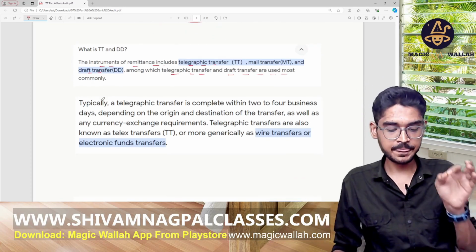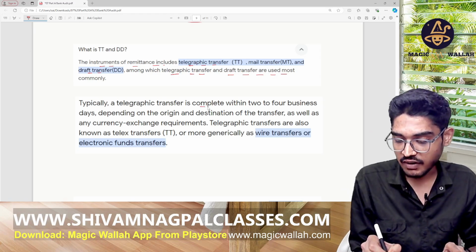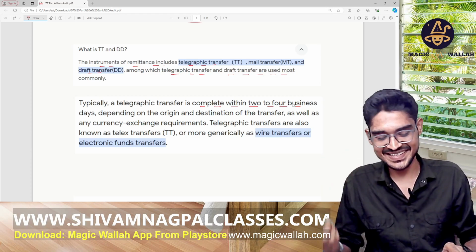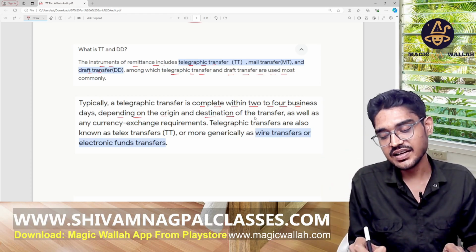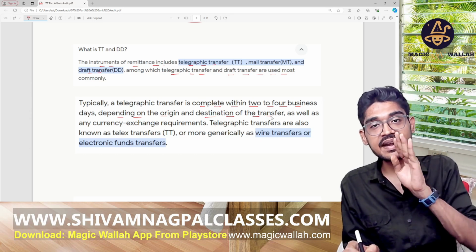Now typically a telegraphic transfer is completed within 2 to 4 business days, depending on the origin and the destination of the transfer. So TT and DD are used for sending money abroad.